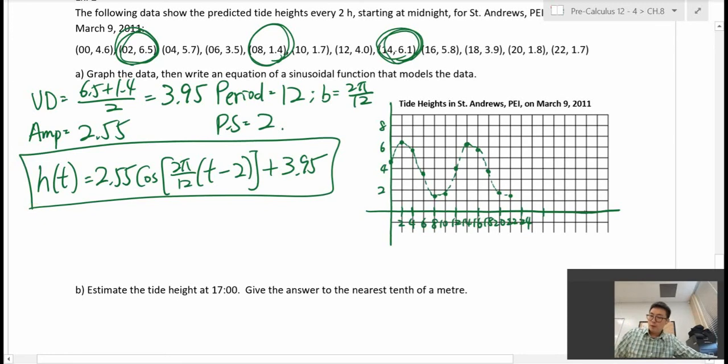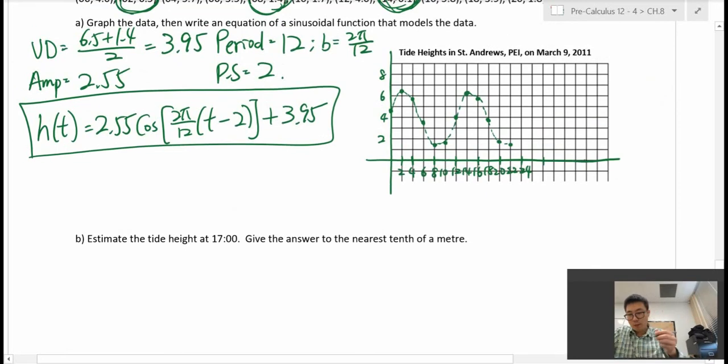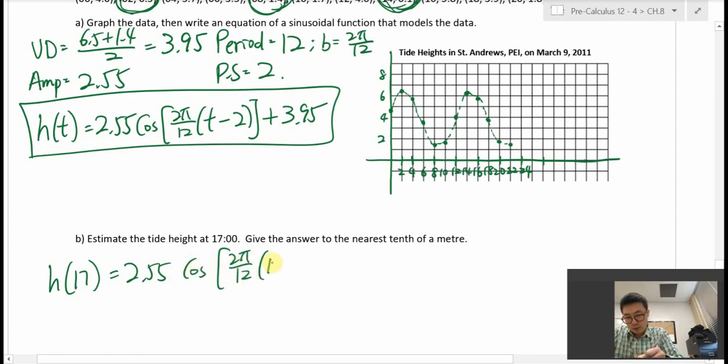Okay. Part B says estimate the tide height at 17 o'clock, so 5 p.m. Give the answer to the nearest tenth of a meter. So all we need to do is put 17 into t, and that's it. Okay. 2 pi over 12, 17 minus 2, plus 3.95. Notice we're working with a 24-hour clock.